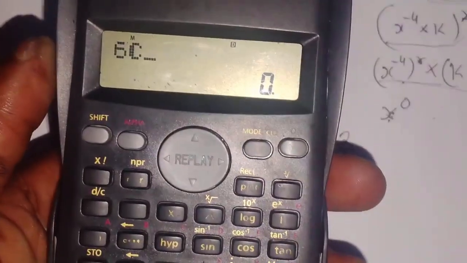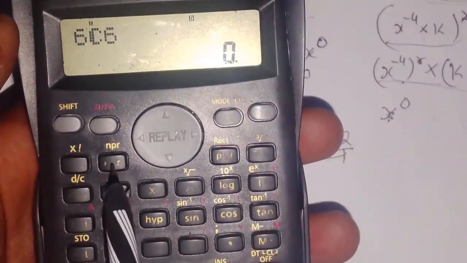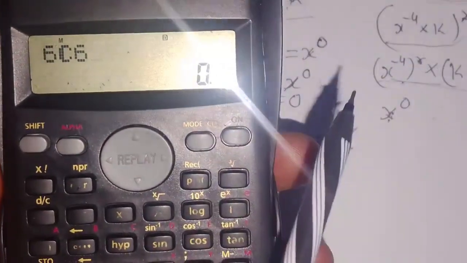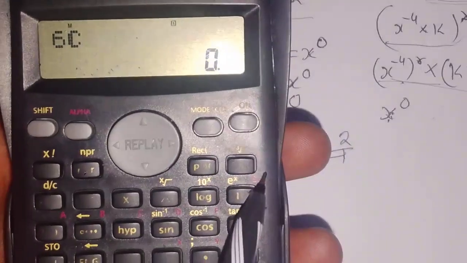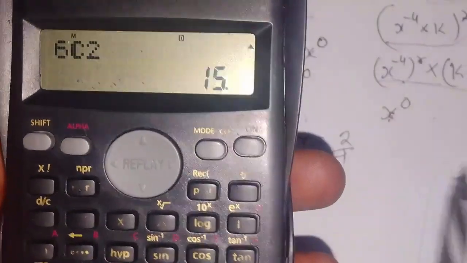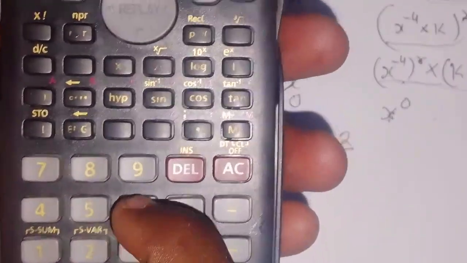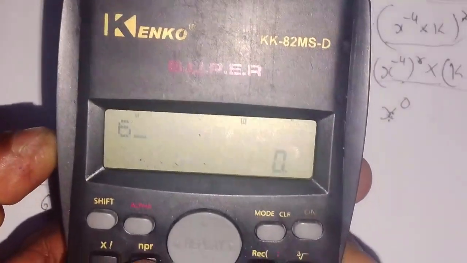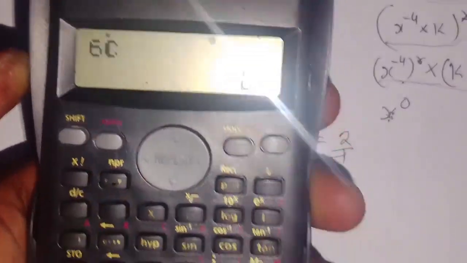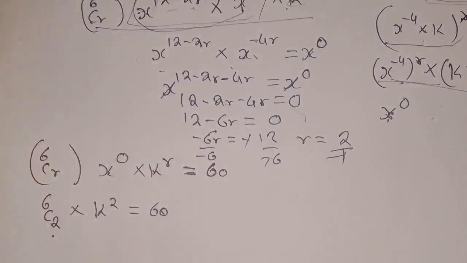Don't press shift, just place direct on this button. So 6 choose 2 will give us 15. I'm going to repeat what I placed: 6, then you place on this one, choose 2. So 6 choose 2 will give you 15.